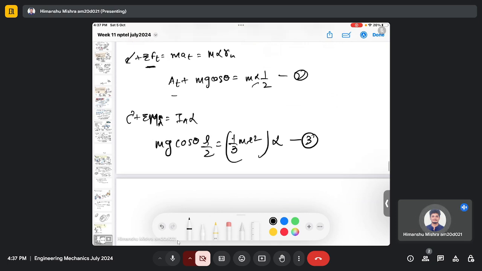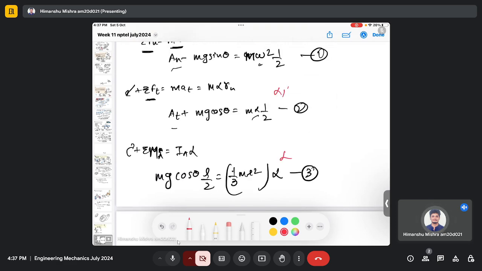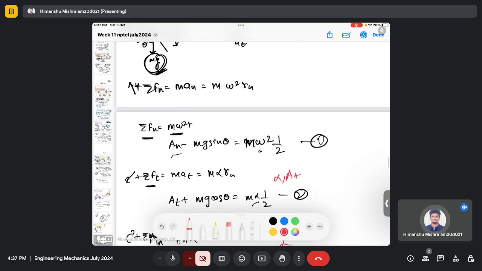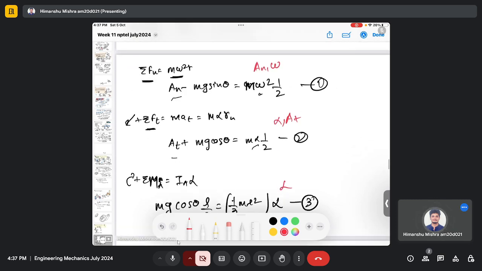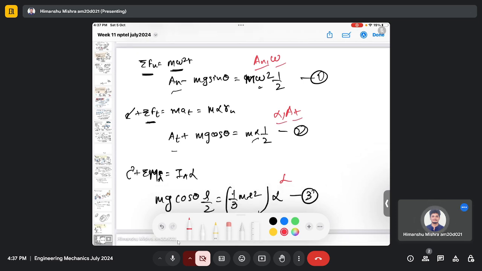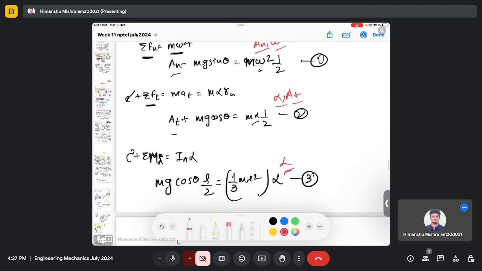So you can see the unknown in equation 3 is alpha, in equation 2 it is alpha and At, and in equation 1 it is An and omega. So how many unknowns are there? An, omega, alpha, At. That is 4 unknowns, and we have only 3 equations.